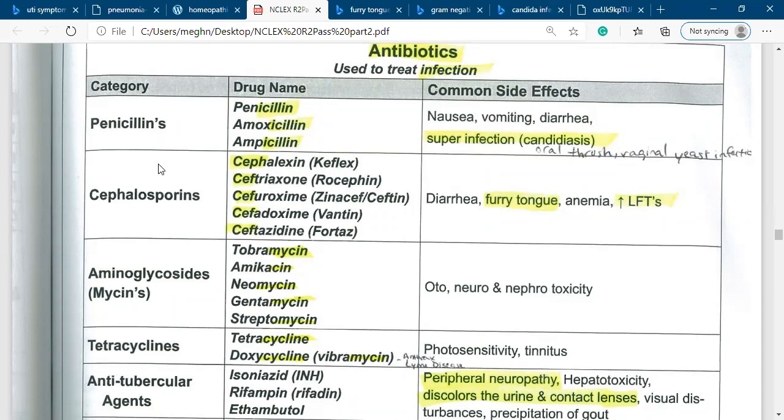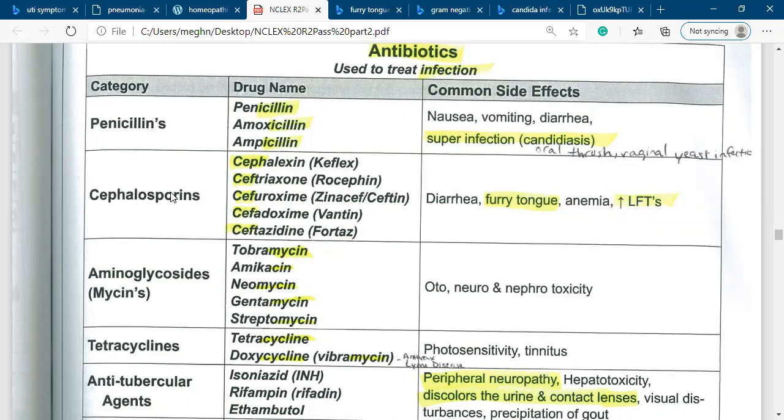So the key point for cephalosporin, if you give your patient cephalosporin as an RN, you have to know, do not give to a patient with a history of allergy to cephalosporin or allergy to penicillin, and do not consume alcohol during the cephalosporin therapy.